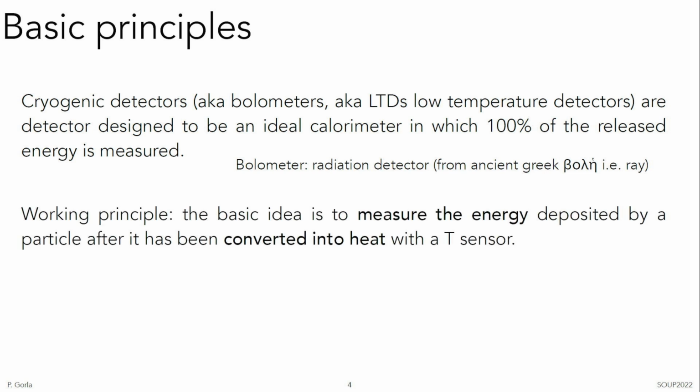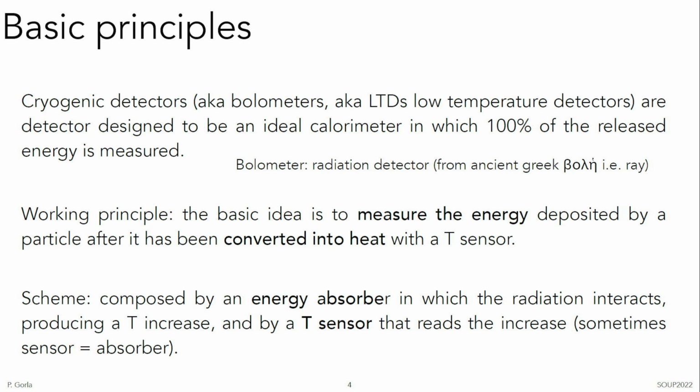The working principle is very simple. The basic idea is to measure the energy deposited by an impinging particle into a calorimeter, an absorber material, as it is converted into heat through a temperature sensor. So the real detector is composed by an energy absorber in which the radiation interacts and produces a temperature increase, and by a temperature sensor that reads this increase.